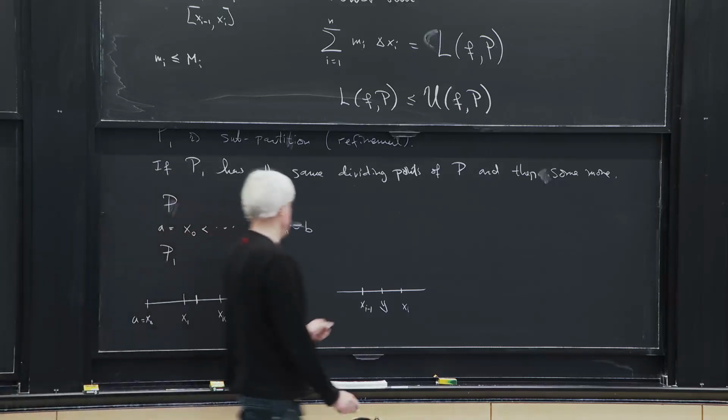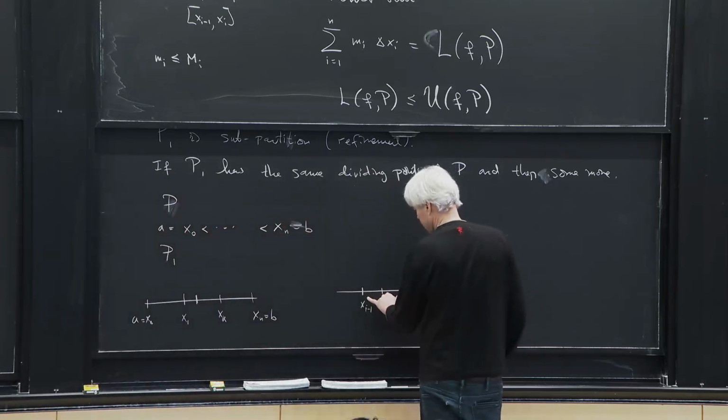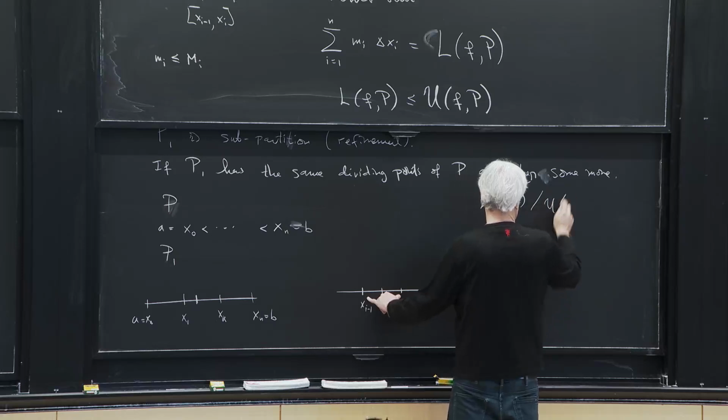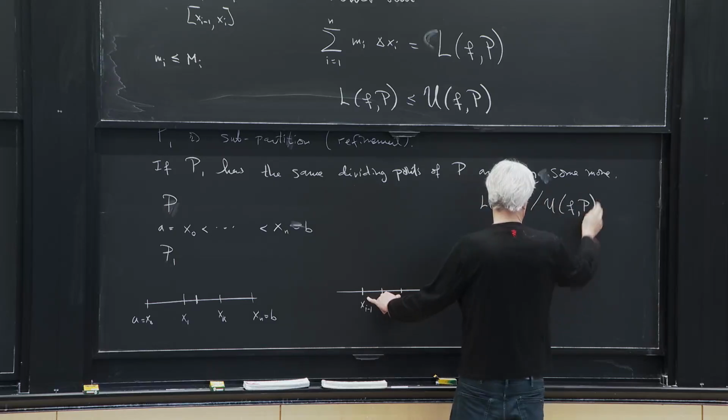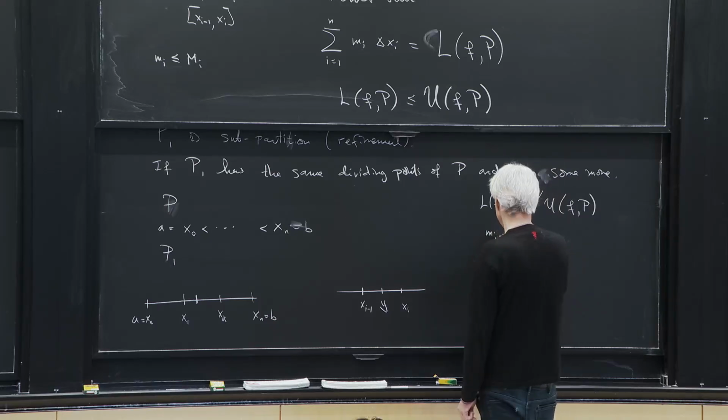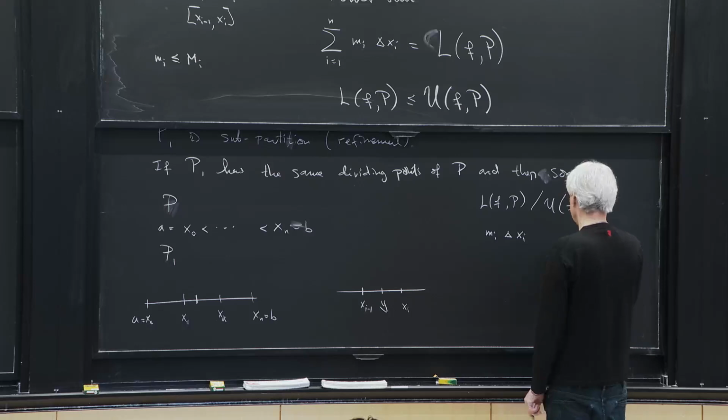Well, then the contribution that you get to the lower and upper sum, the contribution that you get from this for P, you can think about that as m_i. This is the contribution from the lower sum, and here you have the contribution from the upper sum.